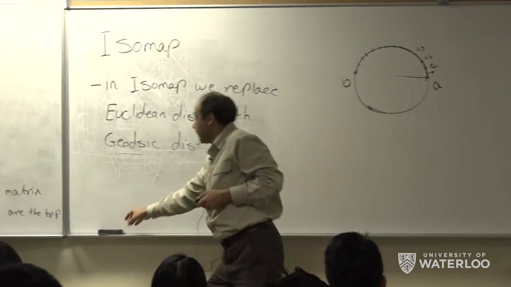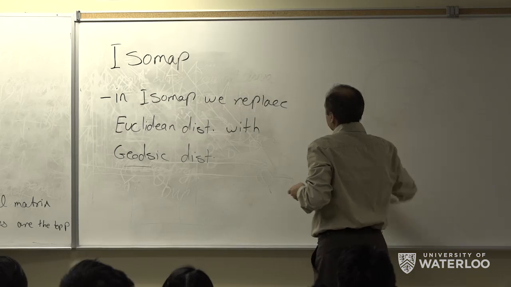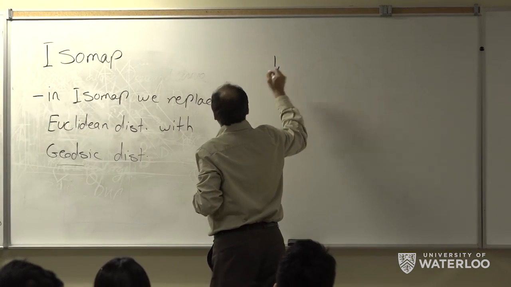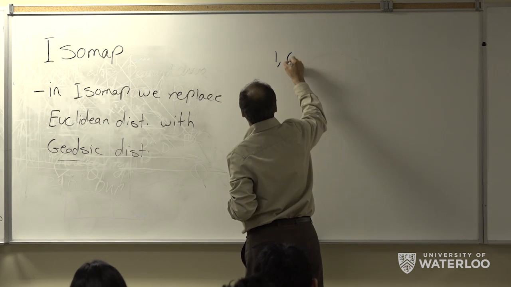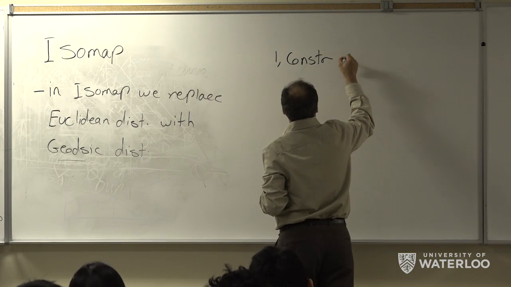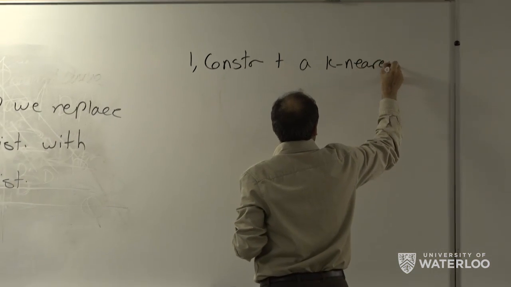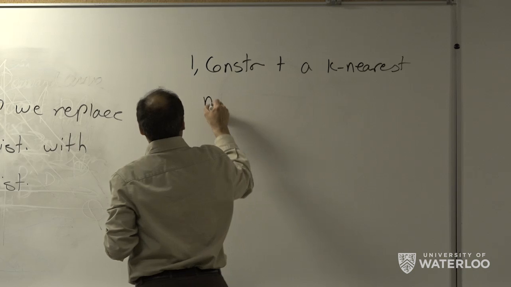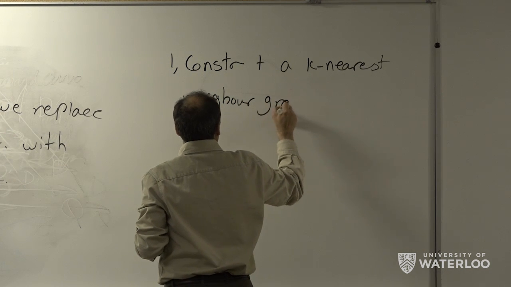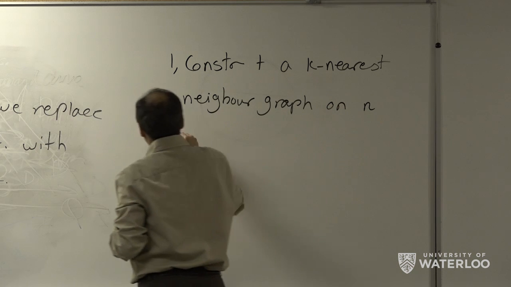So Isomap basically has 3 steps. Step 1, construct a k-nearest neighbor graph on n data points.